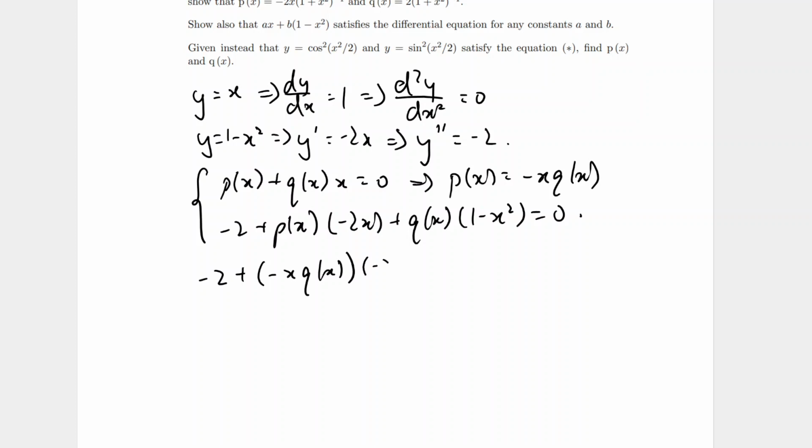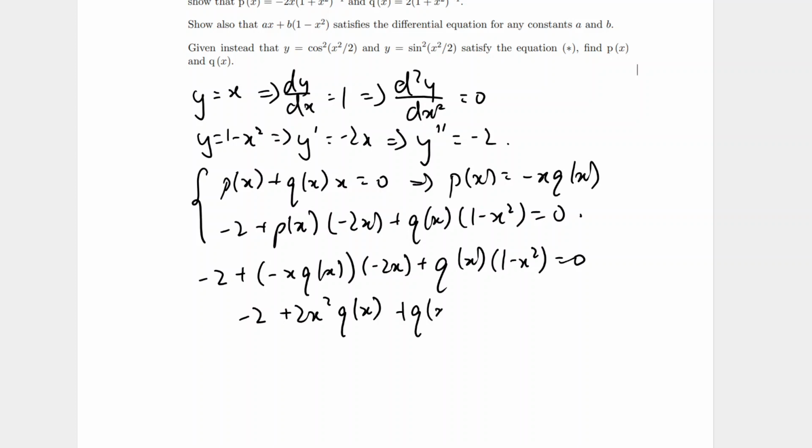So I've got minus 2 plus minus x times q(x)... Okay, this is just standard procedure, right? You'll get bored looking at me doing this, and I'll make a mistake somewhere. So minus 2 plus 2x squared q(x) plus q(x)(1 minus x squared). Get the 2 to the other side. So this becomes 2 equals (1 plus x squared) times q(x), which is as required, right?